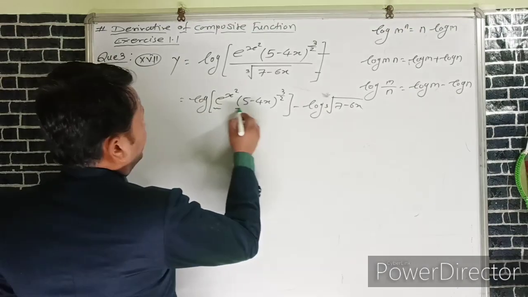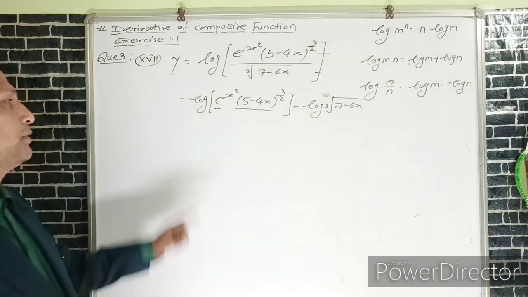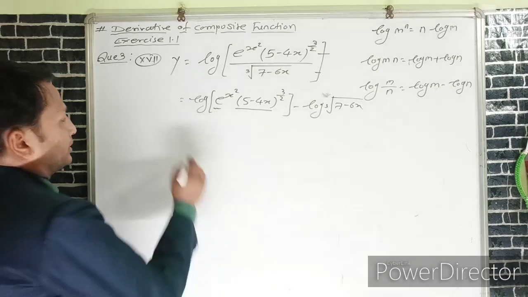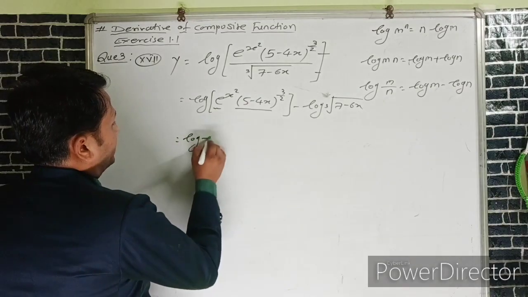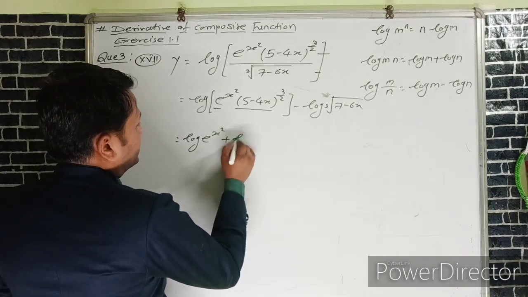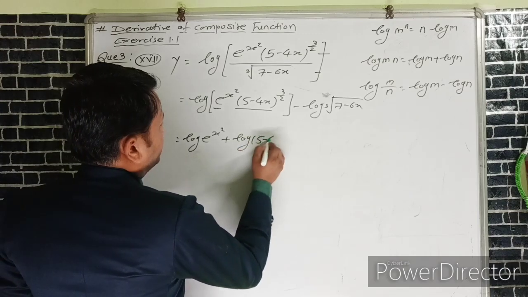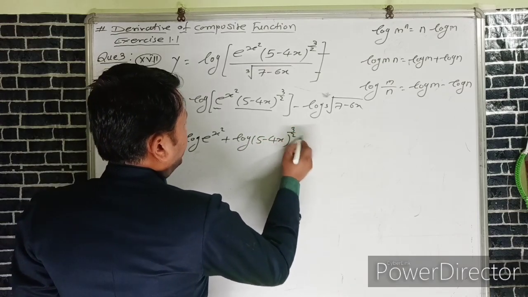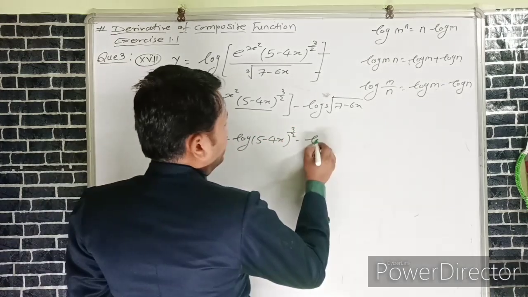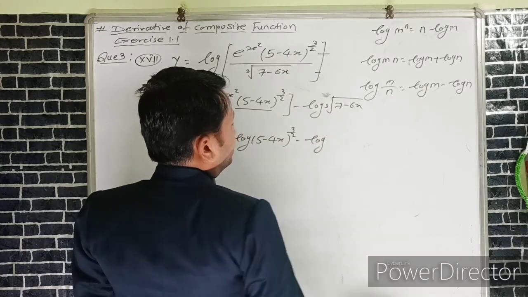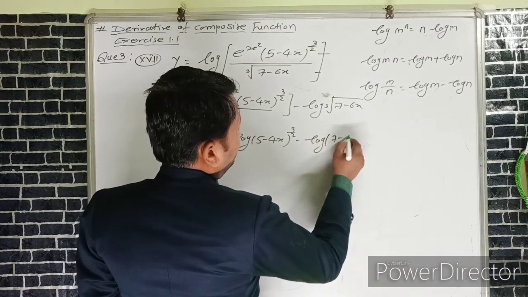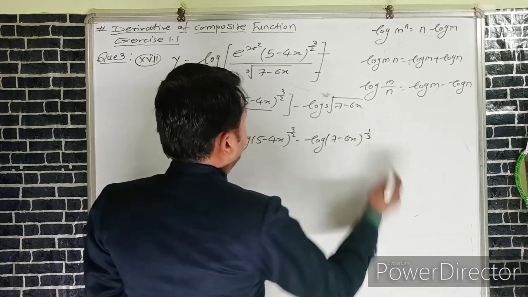After that, here we again apply the rule for log of m into n. Hence we can write log of e to the power x square plus log of 5 minus 4x whole raised to the power 3 by 2 minus log of, we can write this cube root of 7 minus 6x as 7 minus 6x whole raised to the power 1 by 3.